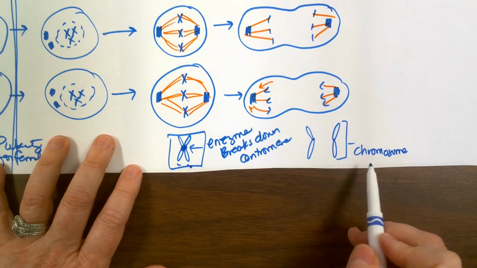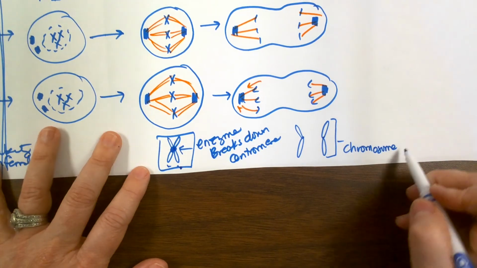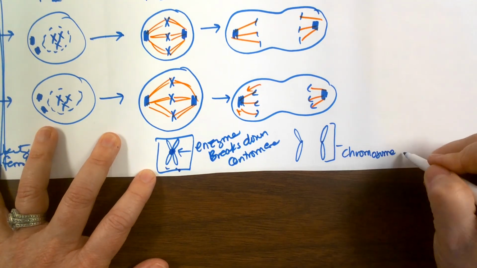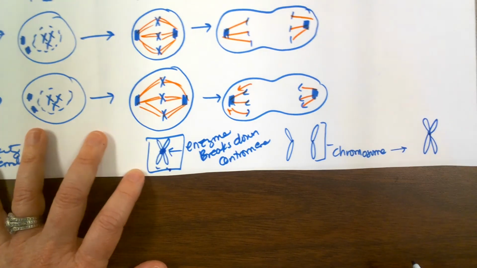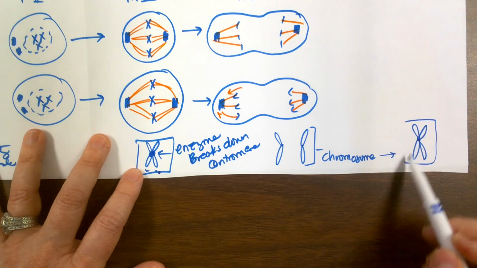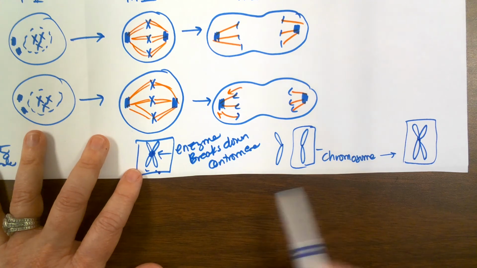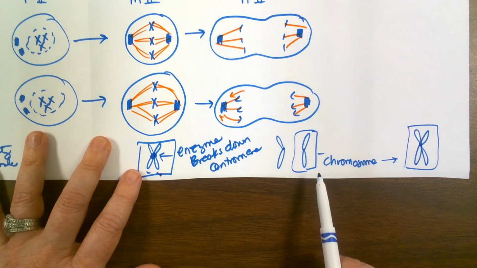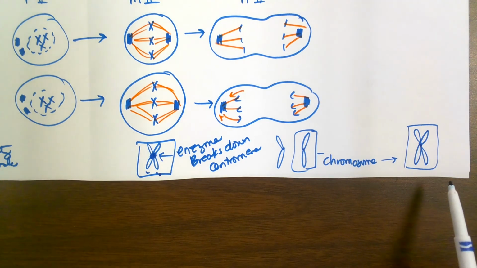But when it becomes independent on its own, it now becomes its own chromosome. It can later on, during an S phase, regrow an identical copy of itself, and now it will become two sisters and a full chromosome. Okay, so this is still a full chromosome, and that's all you really need. You don't have to have both copies. These two copies are in case it wants to divide one day.